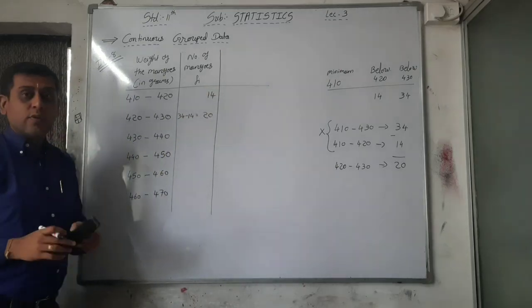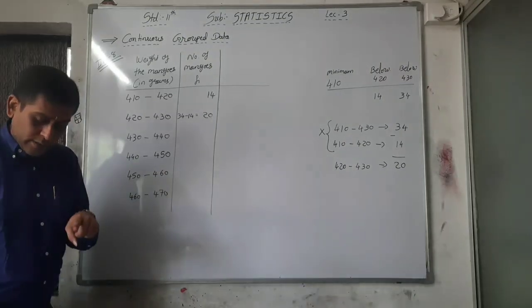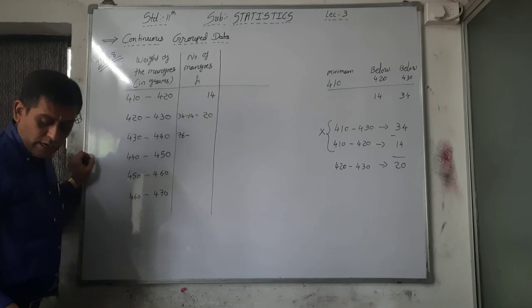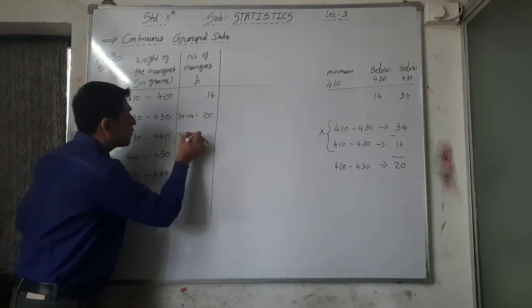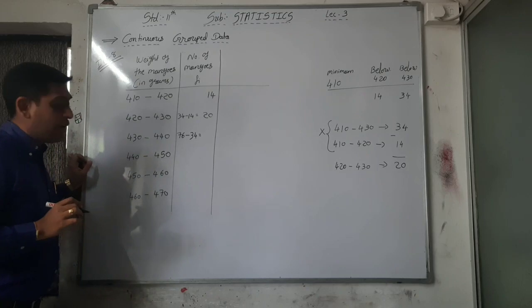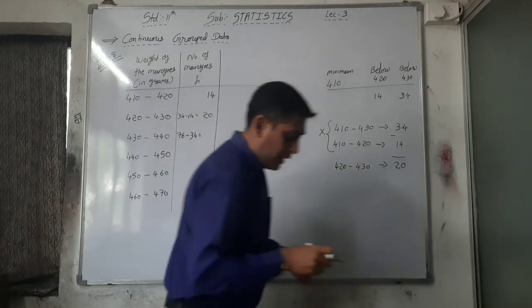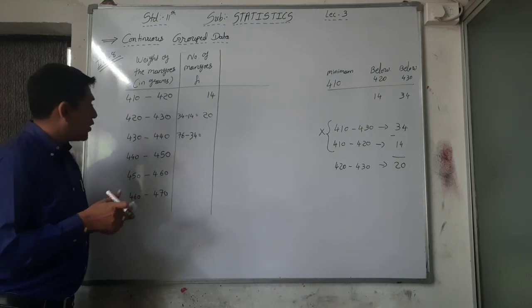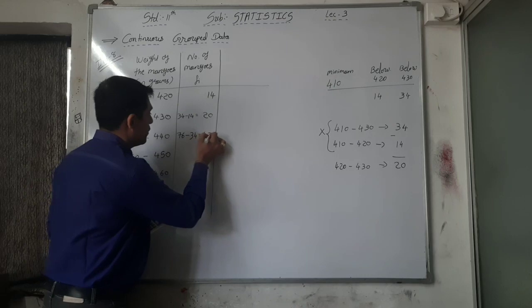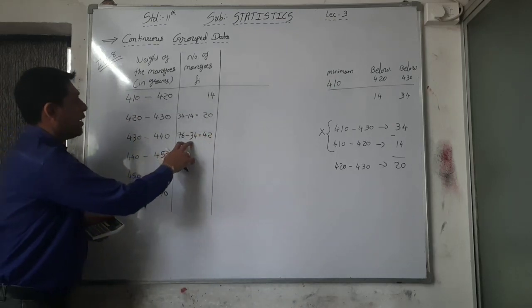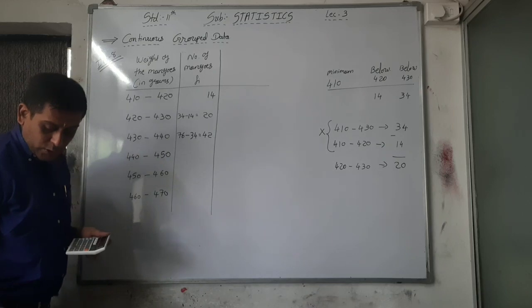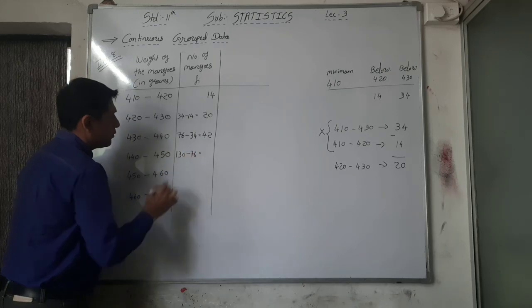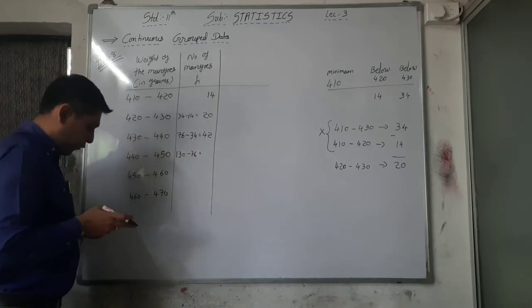Now, what is the frequency of 430 to 440? Same procedure. 76 minus the previous, that is 34. 76 minus 34, it is 38, maybe. No, it is 42. Next one is 130 minus 76, it is 54.